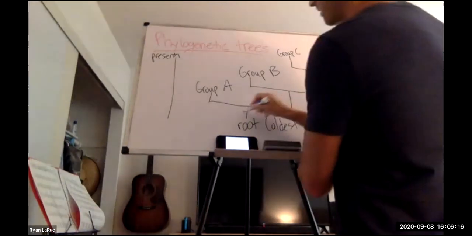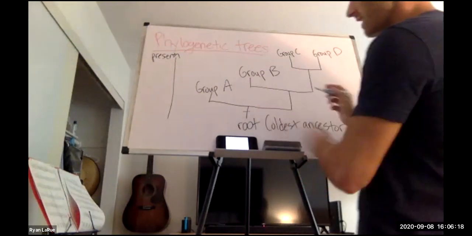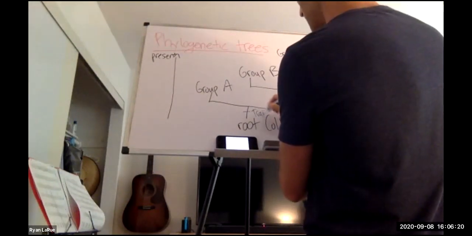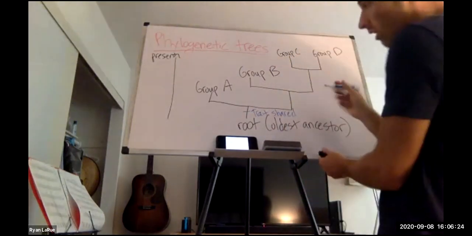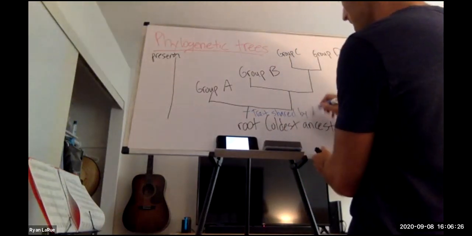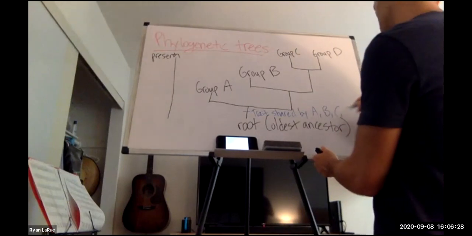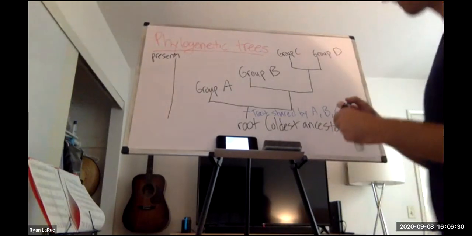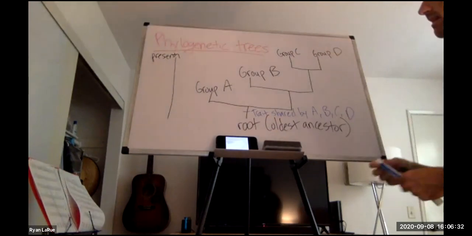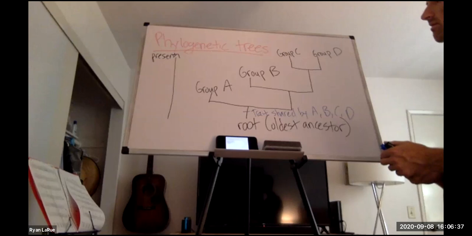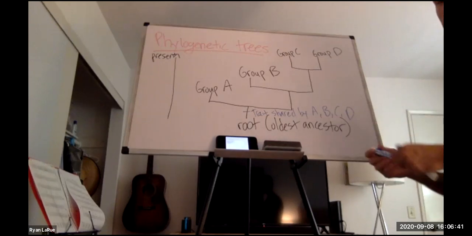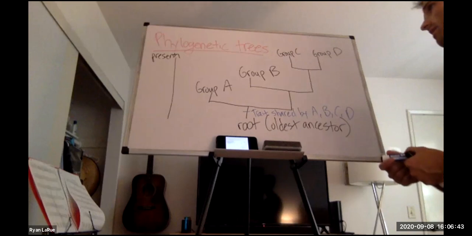So here we would have a trait shared by all the groups, by A, B, C, and D. And we'll look at a specific example of a tree on the next slide.